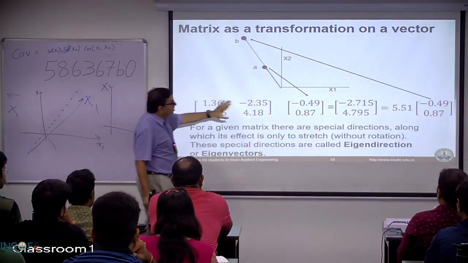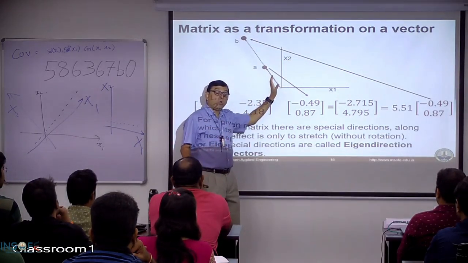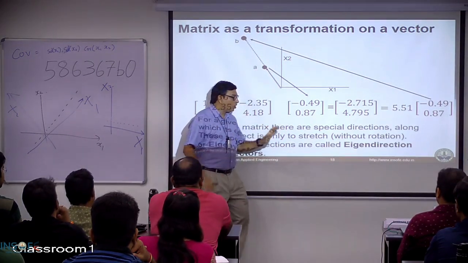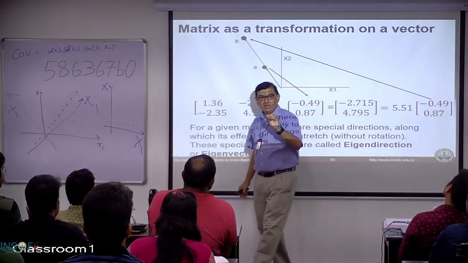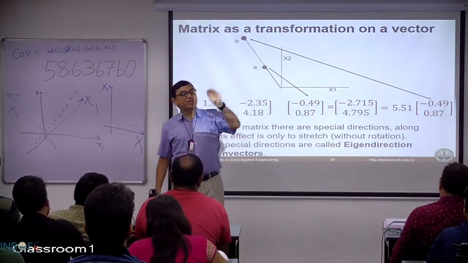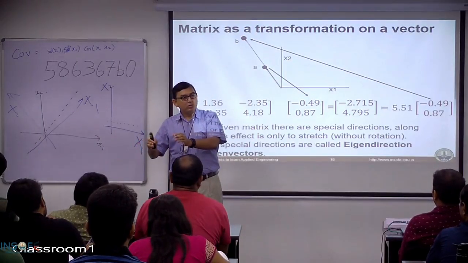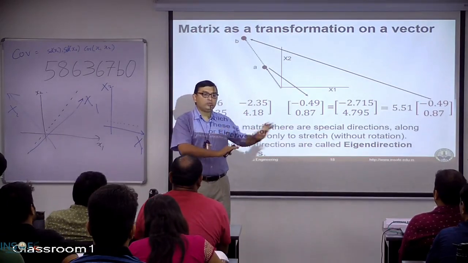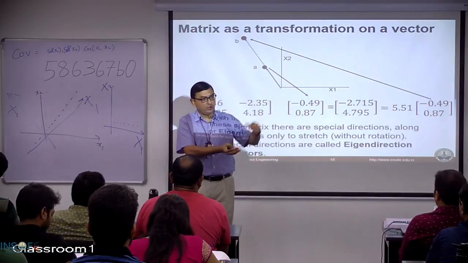The direction in which vectors are only stretched but not rotated is called an eigendirection, or eigenvector. That's the meaning of eigenvectors. It's that special direction for the given matrix. When that matrix acts on that direction, no rotation happens, only stretching happens, either stretching by increasing or stretching by compressing.